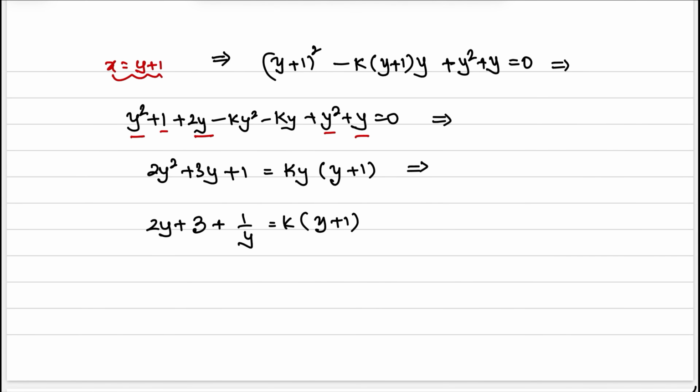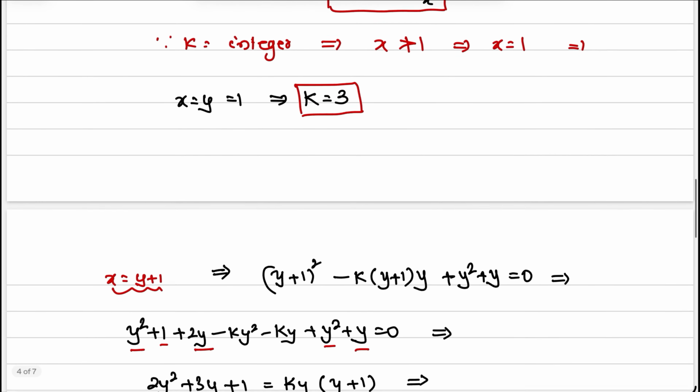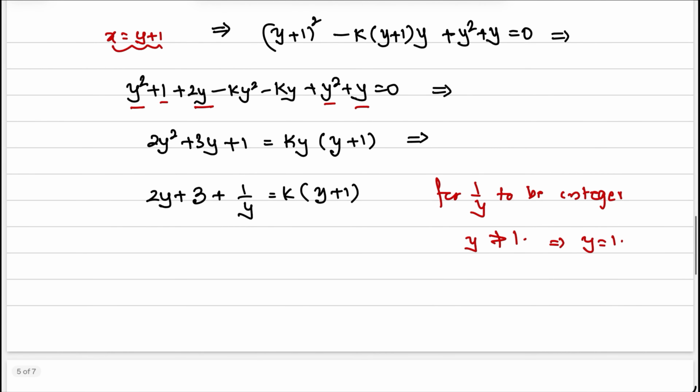And for 1 by y to be an integer, y cannot be greater than 1, which implies y is equal to 1. Which implies x is equal to 2.